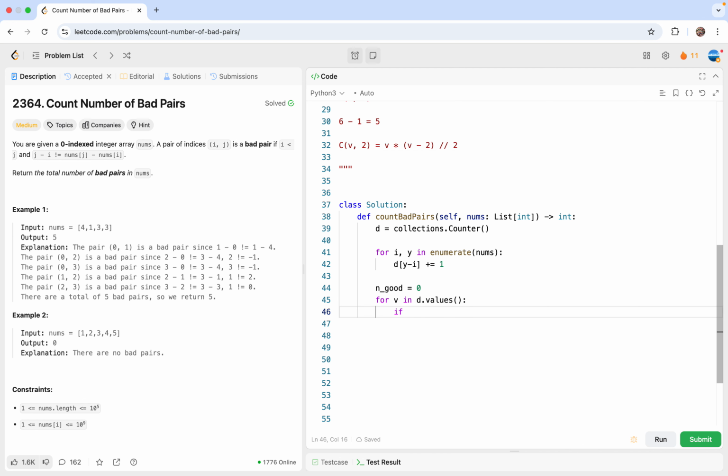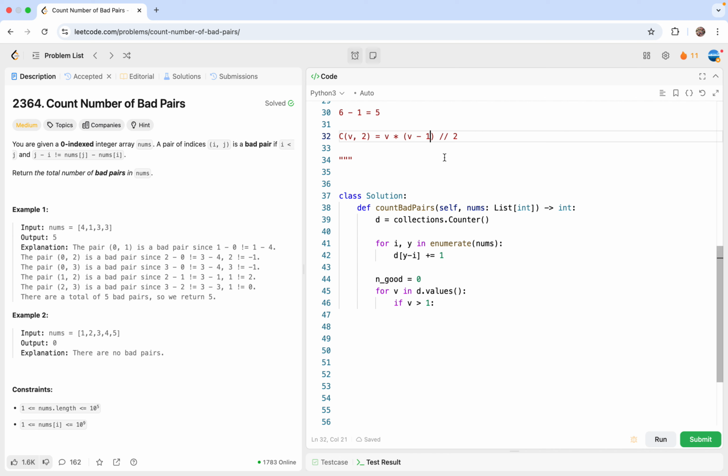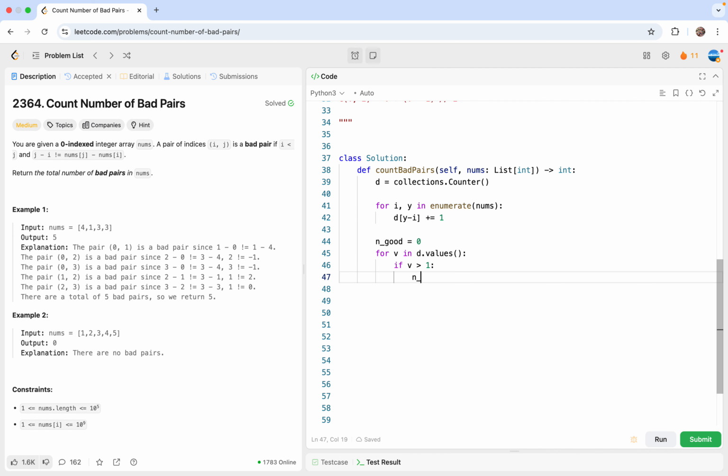I want to use if v is greater than 1, because if it's 0 or 1 it just gives you 0. Then n_good is incremented by v times v minus 1 over 2. Afterwards we just return the length of nums times length of nums minus 1 over 2, minus n_good. That's the count of the bad pairs in the sense of this problem.